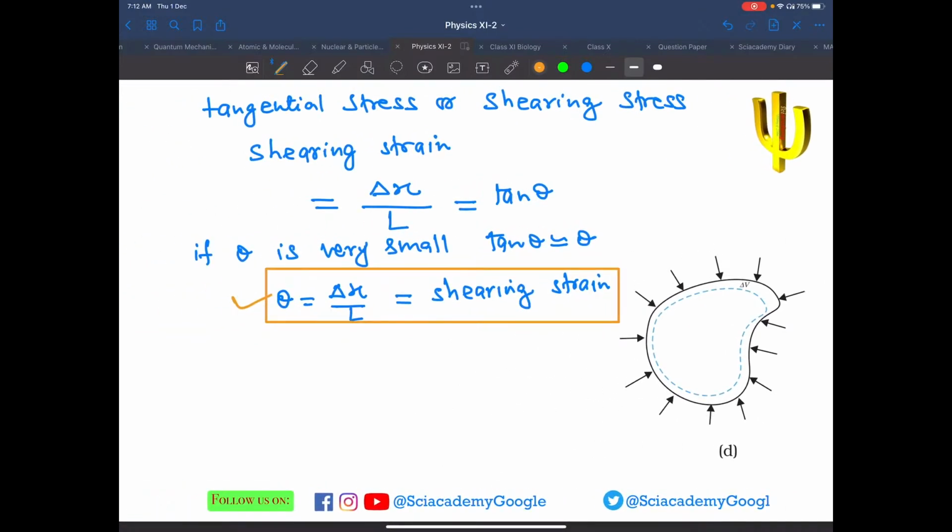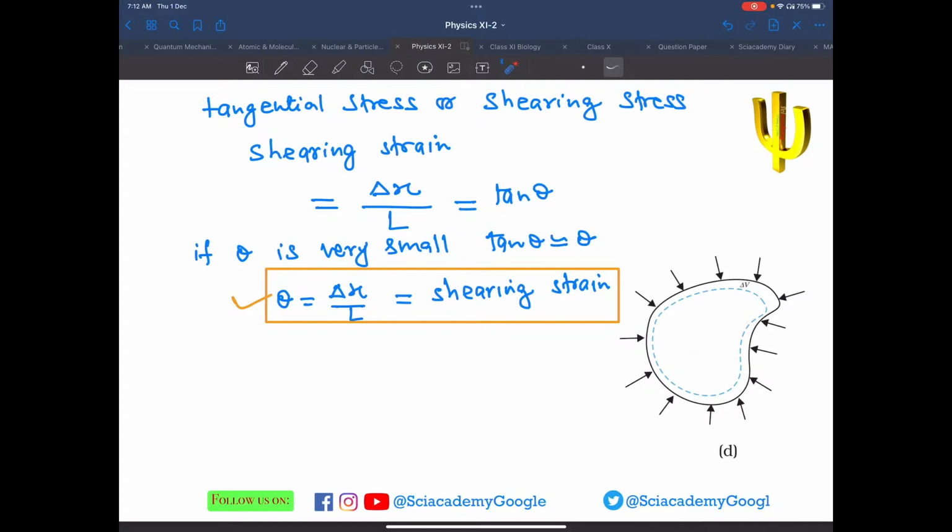Suppose we are considering this figure, suppose this is a pond and we are putting a solid sphere inside this.